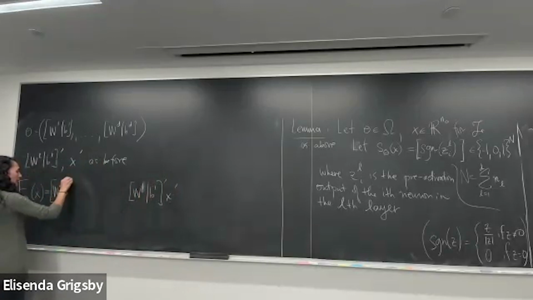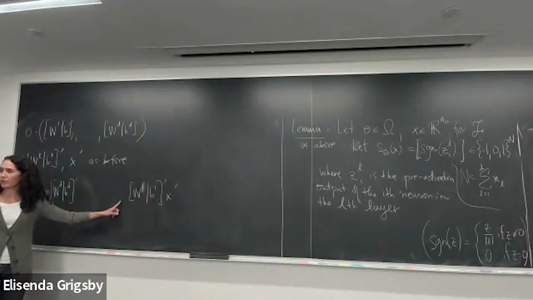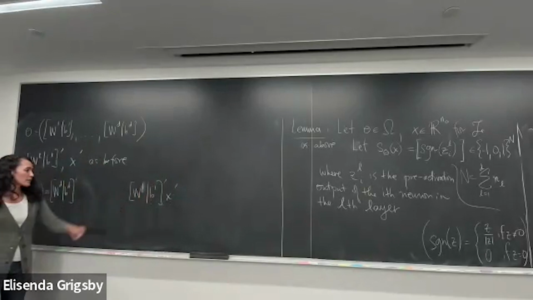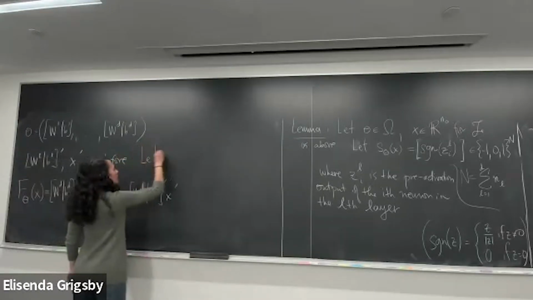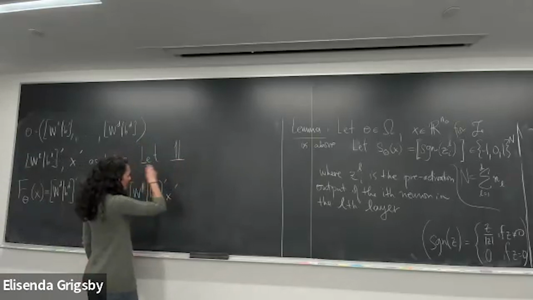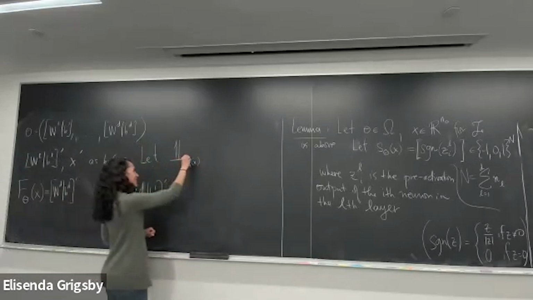It looks a lot like before, but now you're going to insert these diagonal matrices. They have ones on the diagonal if the sign is positive and zeros otherwise. I'm going to call these the indicator matrices. I'm making up this notation as I go, so I hope it's okay.